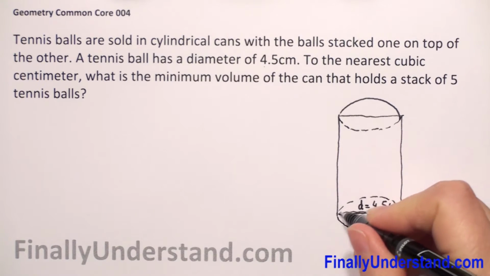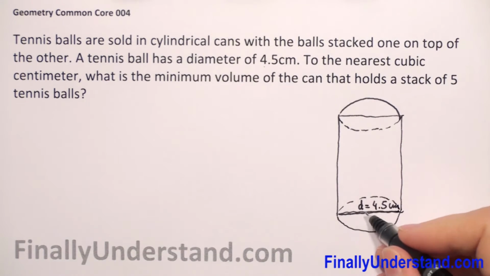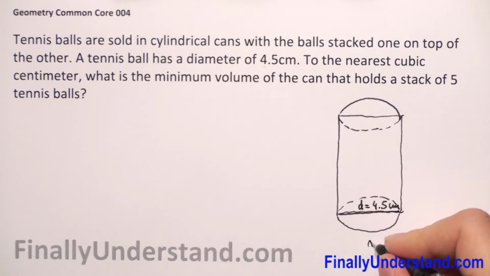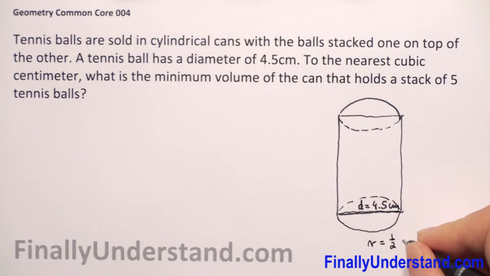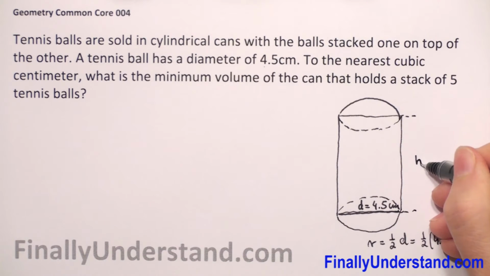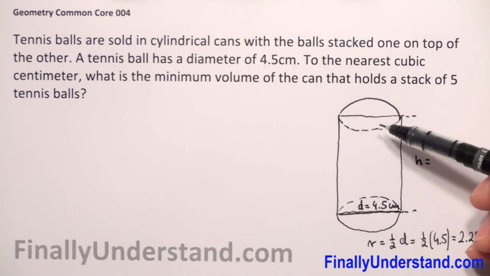The radius of the base will be half of the diameter, so we can write that R is equal to 1/2 of D, so this is 1/2 of 4.5. Let's forget about units right now. So this is equal to 2.25.